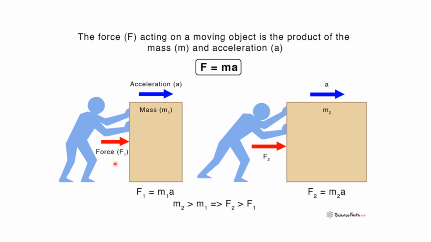Force is one of the fundamental properties of any physical system. The significance of Newton's second law is that it explains how to calculate the force. The fundamental characteristic of Newton's second law is the equation connecting force, mass, and acceleration.